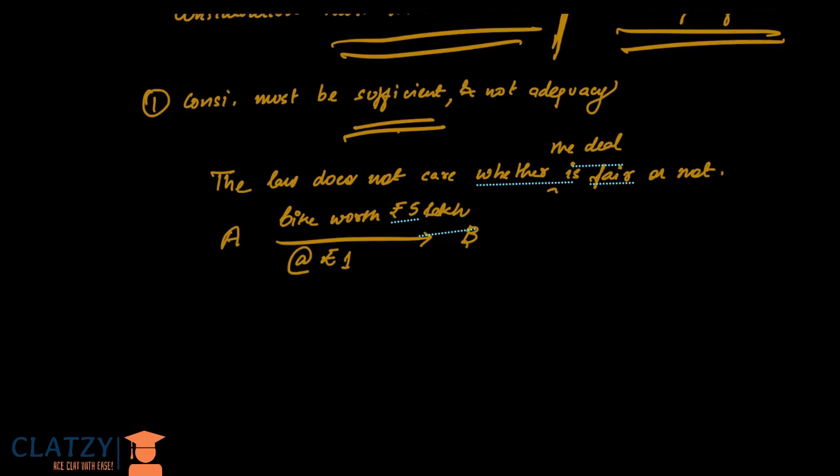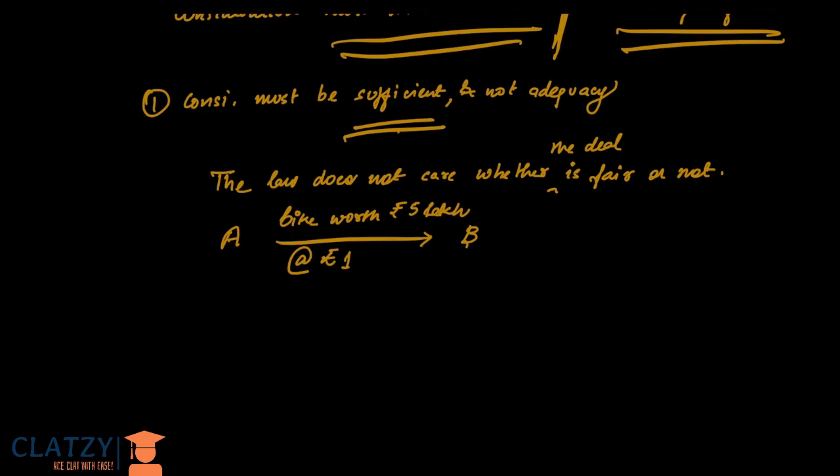If we ask a question that whether this consideration to be given by B, is that consideration adequate? The answer is no. The consideration is not adequate, because adequacy means a value which is equivalent or fair. In this case, if B is paying just rupee 1 for a bike which is worth rupees 5 lakh, we know for sure that the consideration given by B is not adequate.